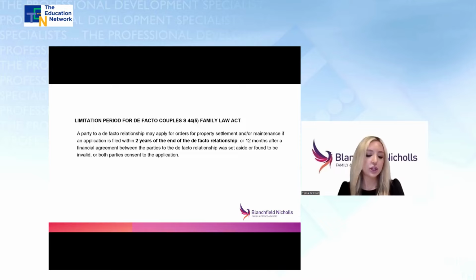Now, the sections of the Act which deal with limitation periods for both married and de facto couples make it clear that the court may give leave to a party to apply outside of these timeframes if the court is satisfied, firstly, that hardship would be caused to a party to the marriage or a de facto relationship or a child of the relationship if leave were not granted.